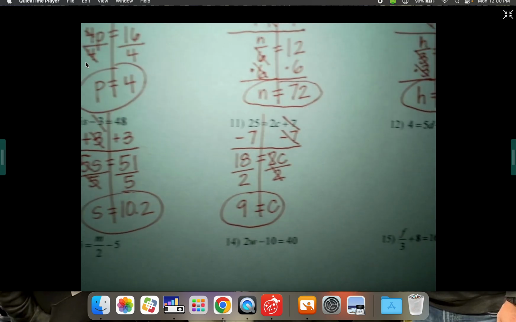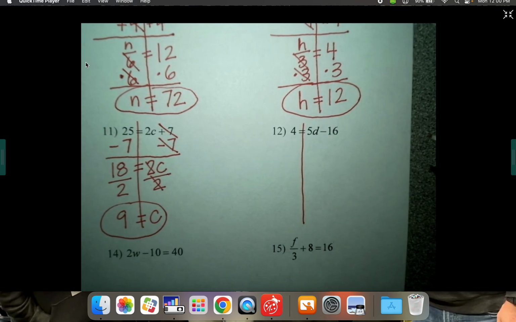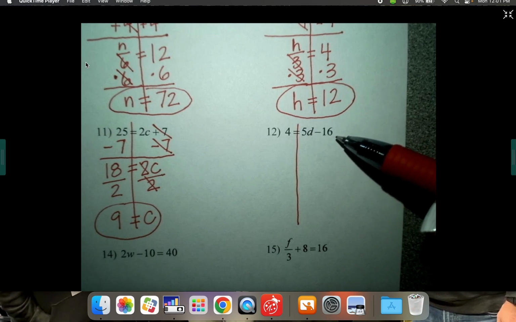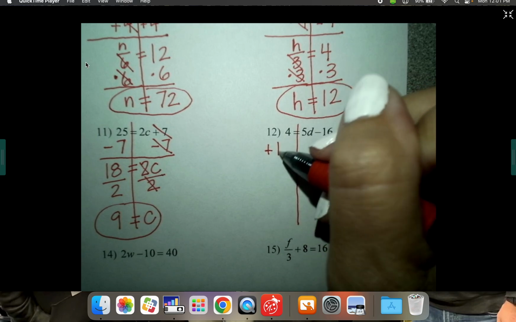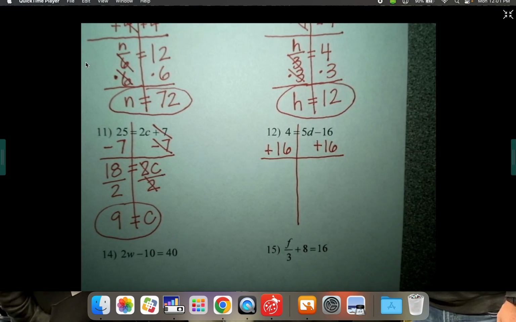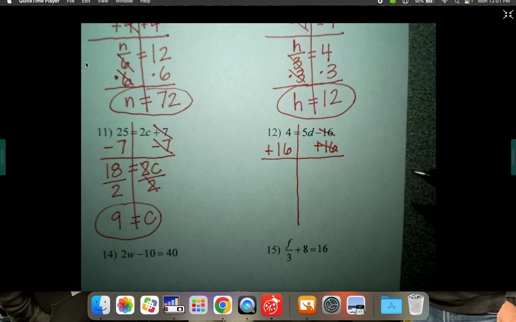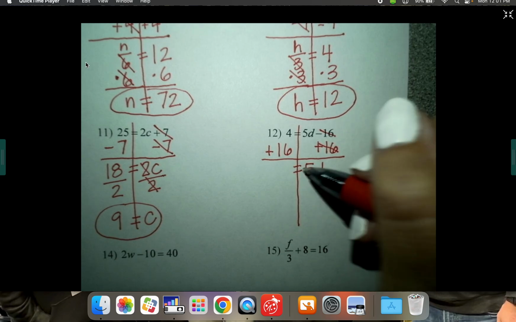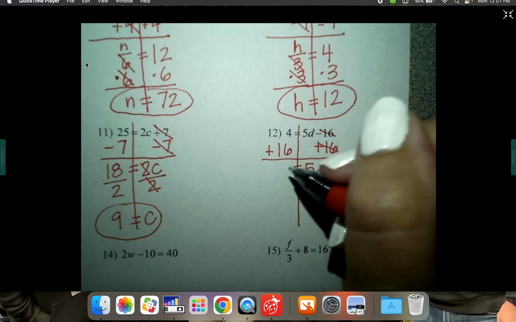Number 12. Keep the 5 and the D together. We're going to get rid of this minus 16 first by adding 16. All right, that will cancel out over here because minus 16 plus 16 is 0, leaving us only with the 5D. On the left, we're going to do the math. 4 plus 16 is 20.